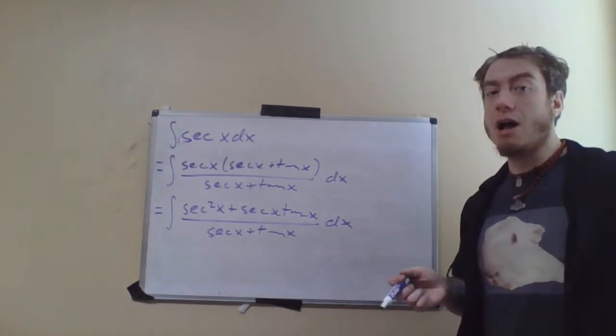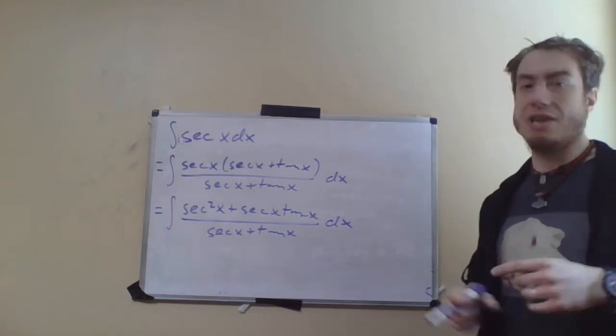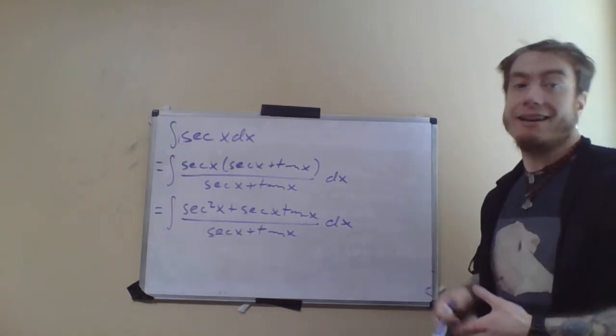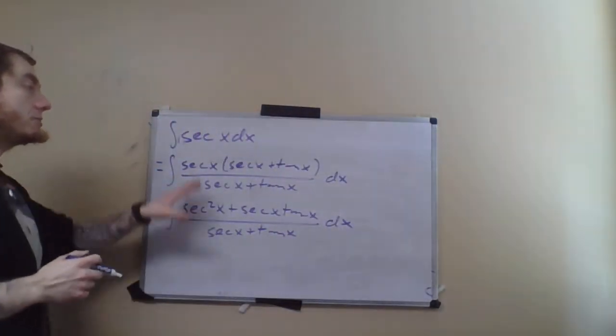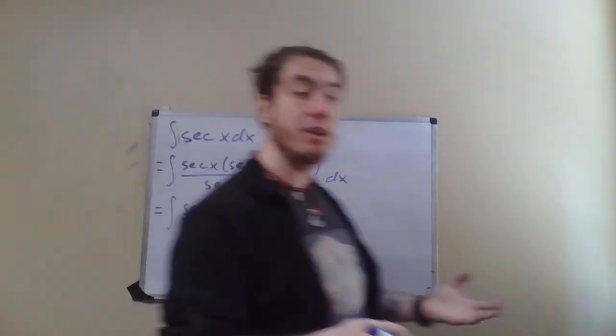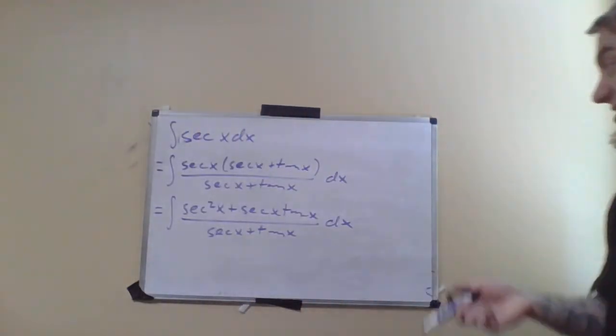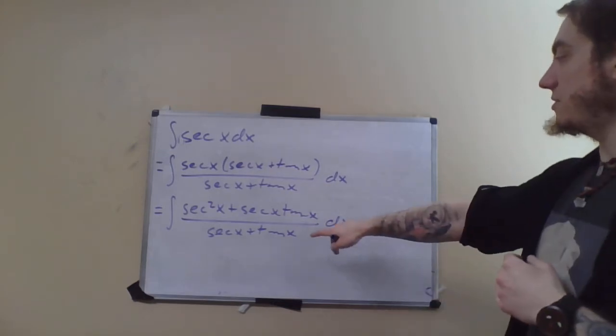But every once in a while, like that one time in 100, you play around and you get something really, really cool, and it comes out to be a result. Okay, so yeah, I don't know. It would have taken me a really long time to think to do this, but eventually you play around with it and you can think of it. So let's just finish off this problem to see where this is going.